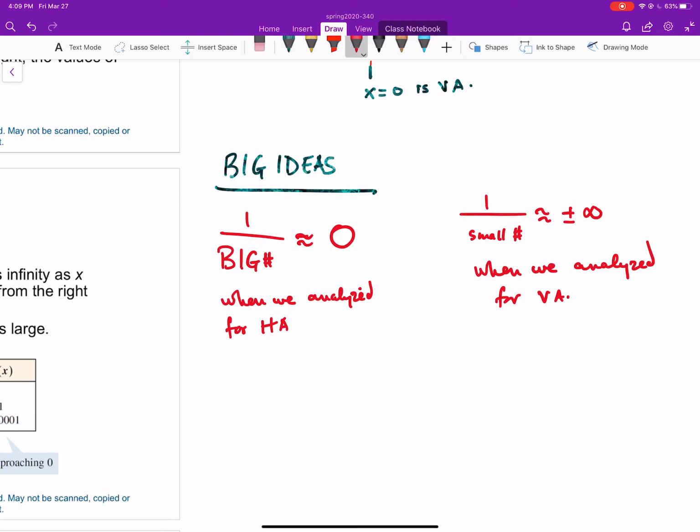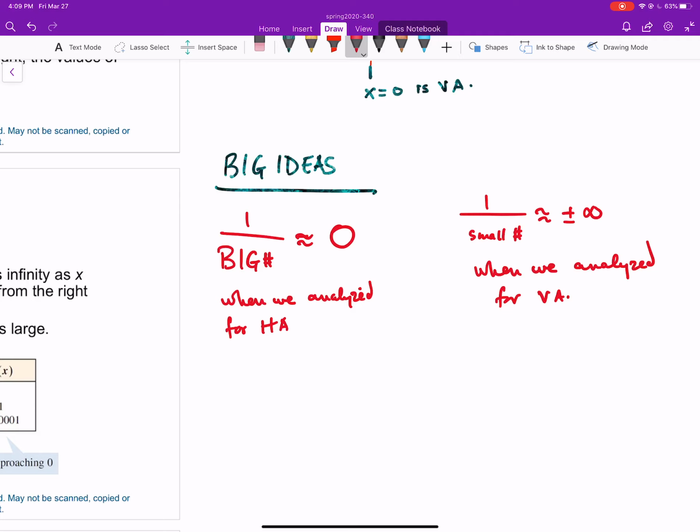And likewise, if you wanted to know if those exceptions in your domains are vertical asymptotes, then all you had to do was just check with small numbers to see if it's going to positive or negative infinity, so that you can claim that you have found vertical asymptotes. Later on, we'll come up with some more sophisticated ways to address this issue. But for now, these big themes should resonate with you on how we address horizontal and vertical asymptotes.